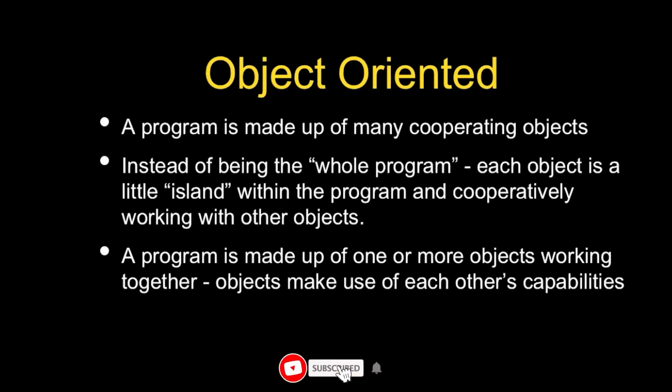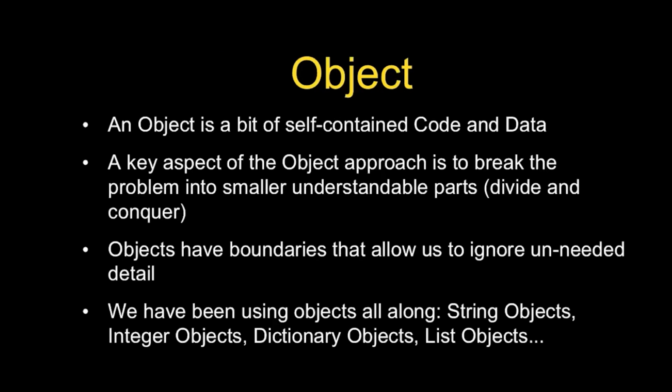An object is its own little space inside of a program that contains code and data. All these objects are now working together. It's a bit of self-contained code and data, and it is one way to take a very complex problem and make it easier by breaking it into separate things that can be engineered and developed separately.